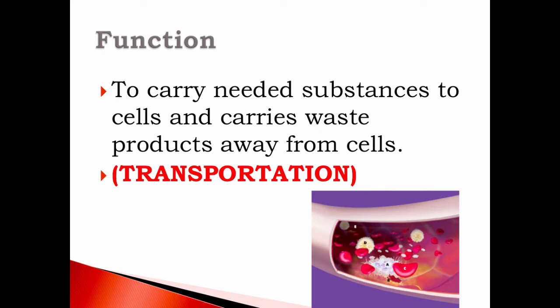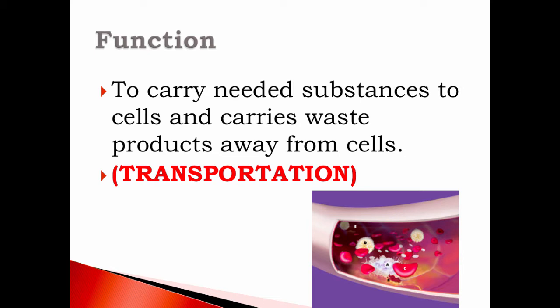Now, here we go, the function. The function of the cardiovascular system is to carry needed substances to the cells, like oxygen and glucose, and carry away waste products from the cells, like carbon dioxide. So, pretty much the one word, if you had to pick for the function of the cardiovascular system, is transportation.